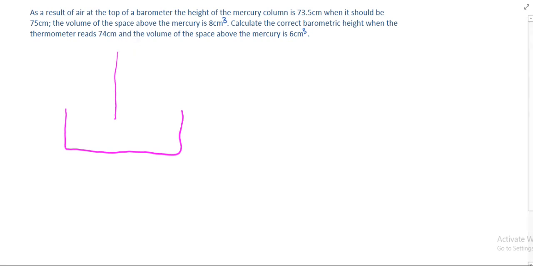I try to make it neat, but mine is not getting straight. This is where the mercury is. Oh, and there's a space above the mercury.